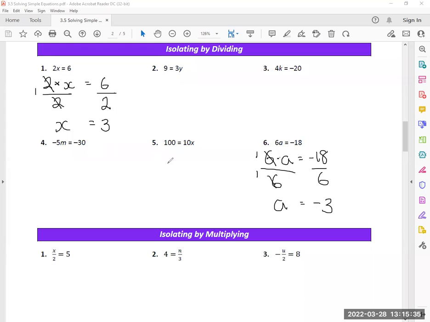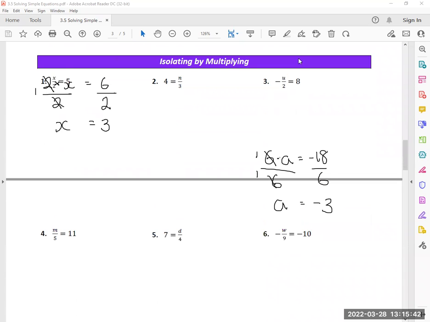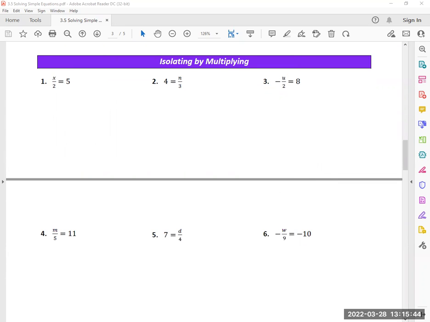Okay, last one. Isolate by multiplying. It's clear. First one, right now, this is the same. On the left side is the variable. And this is the same as saying x divided by 2. But it's a lot better just thinking about it as x divided by 2 here.